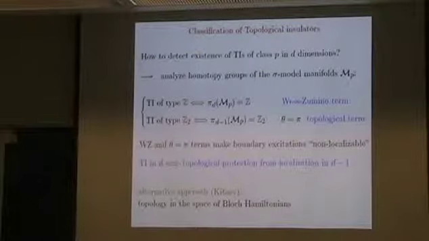This is what will protect the system from localization. So this term makes boundary states non-localizable, and a topological insulator in d dimensions just means that (d-1)-dimensional states may be made non-localizable.